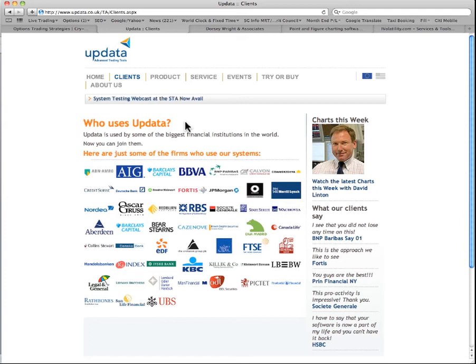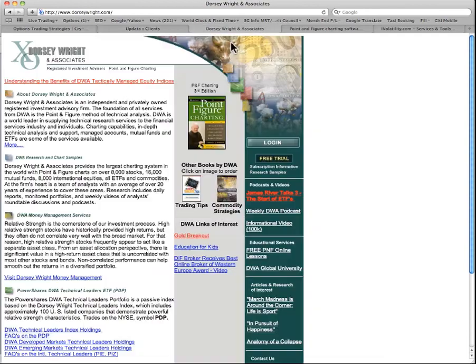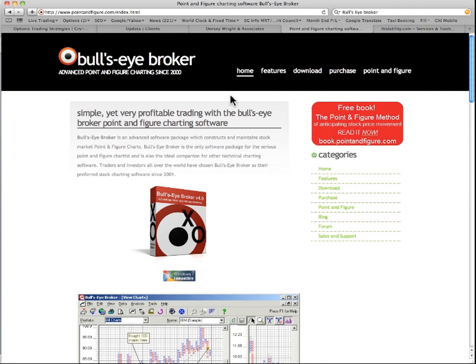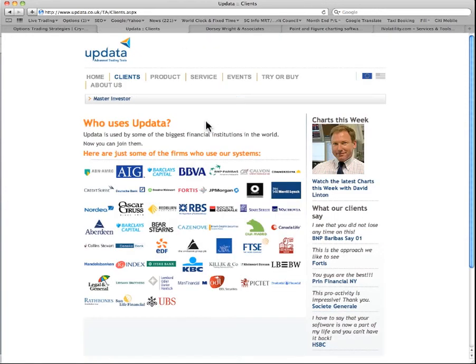Other firms that provide P&F charting include Dorsey Wright, as well as Bullseye Broker. But these two other firms are not able to provide log scale based point and figure charts with the inbuilt configurable scans that I've shown.